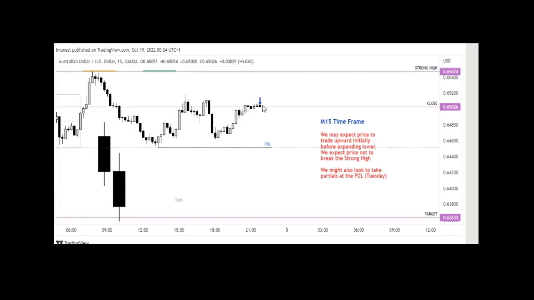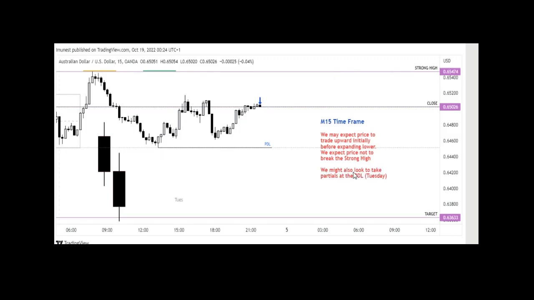So we're going to use that concept after the close that is here. We expect the market to trade slightly above, then finally take out this target. So we may expect price to trade upwards initially before expanding lower. We expect price not to break the strong high, so we don't expect this strong high to be violated.